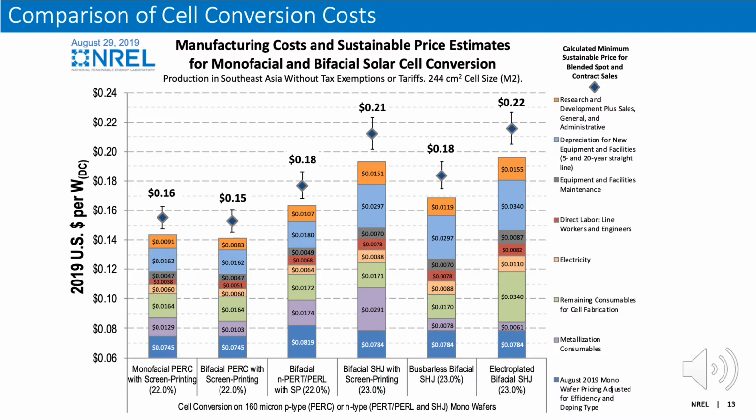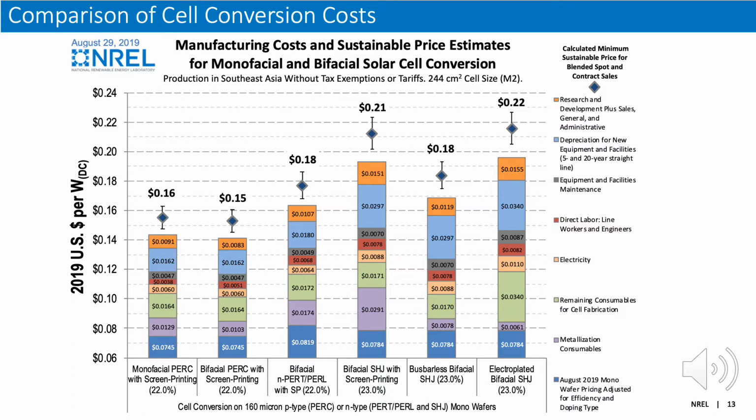For SHJ scenarios, when comparing screen printing versus electroplating metallization processes, the difference in metal usage versus equipment costs essentially cancel each other out.